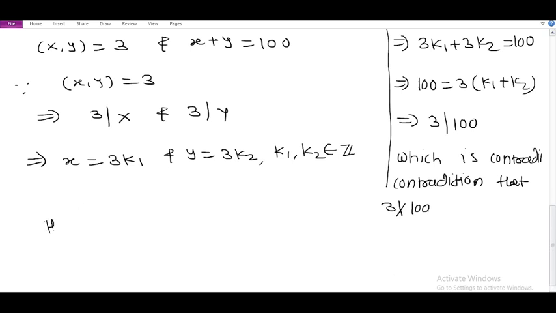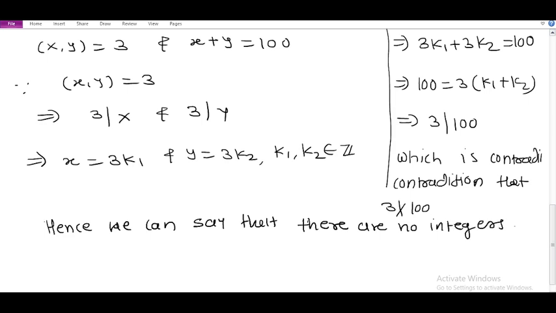From this we can say that there are no integers x and y such that GCD of x and y equals 3 and x plus y equals 100.